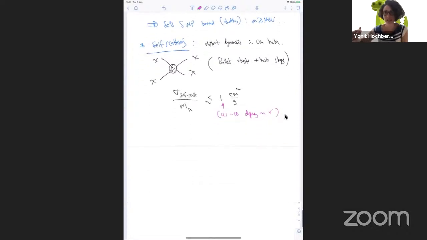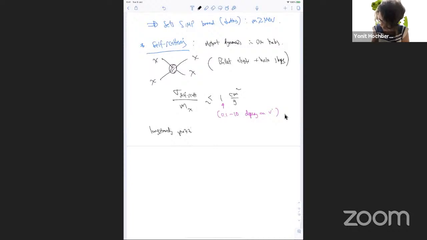So on the one hand, this is a constraint on the size of this self-interaction cross section. I'll also just mention that there are some long-standing puzzles in structure formation that have been around for a while, and it's possible that these puzzles can be addressed by having a self-scattering cross-section that's very close to this bound, close to that limiting value.